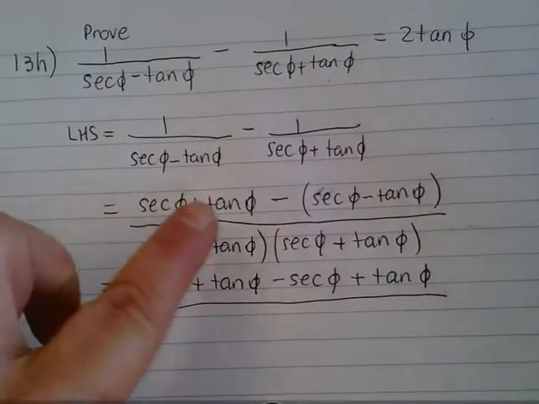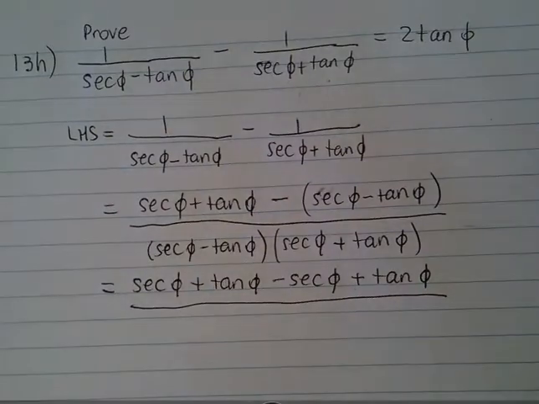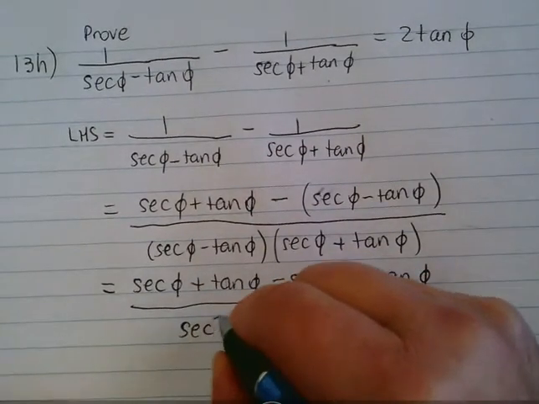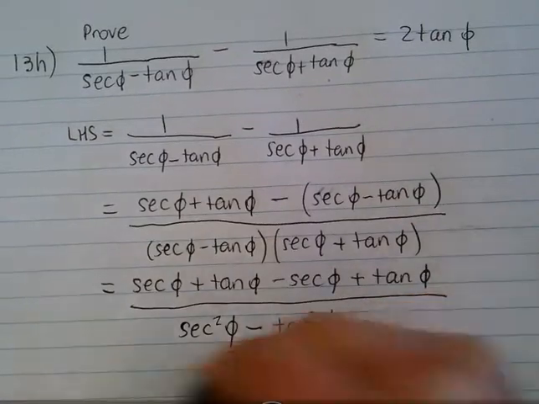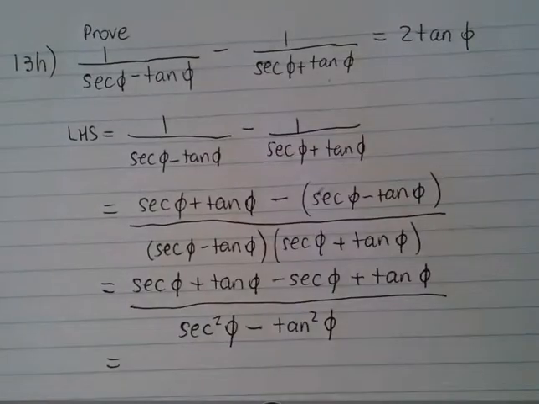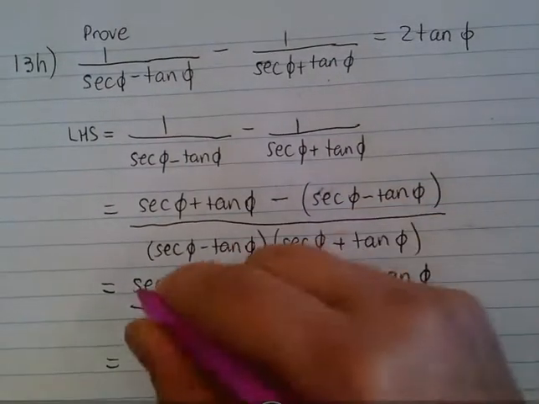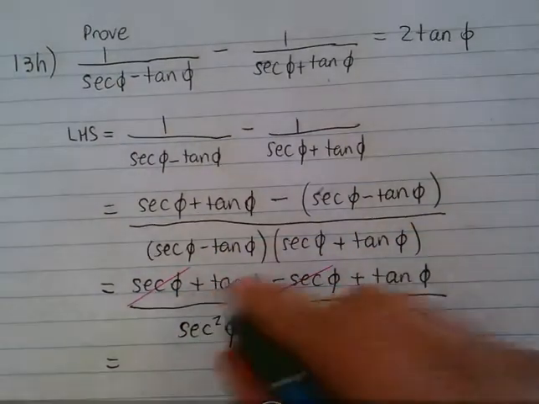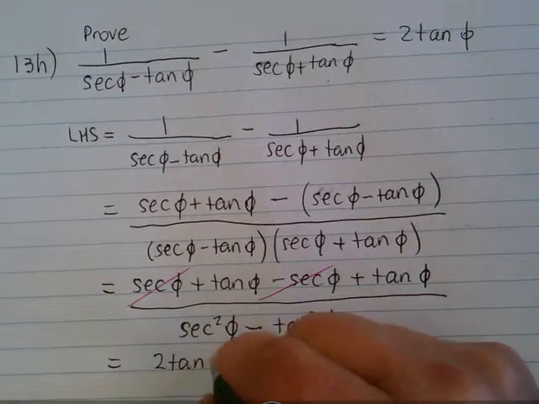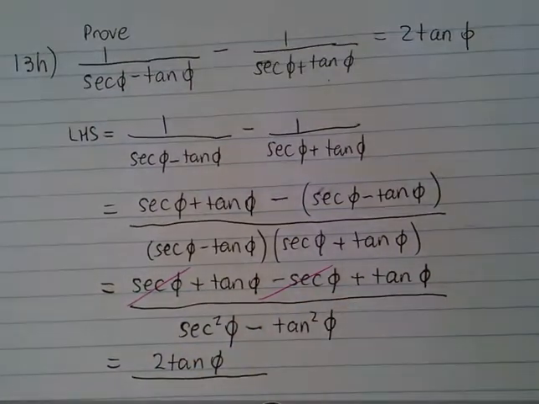Now this is a minus b, a plus b is a squared minus b squared. All right, any cancelling in the numerator? No. So how many tan thetas have I got? 2 tan theta.